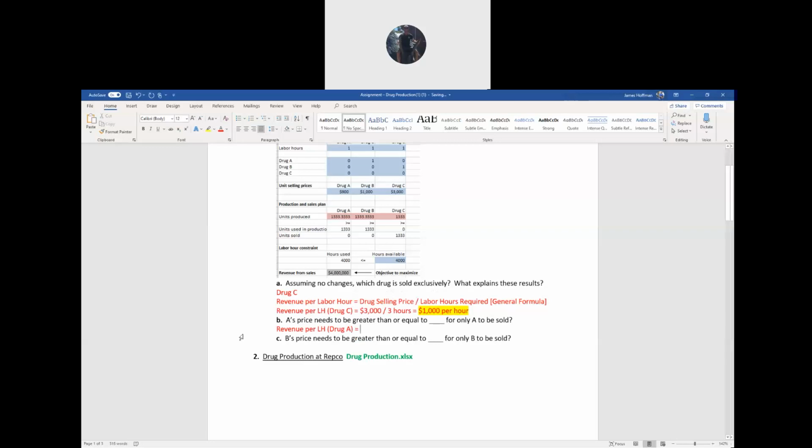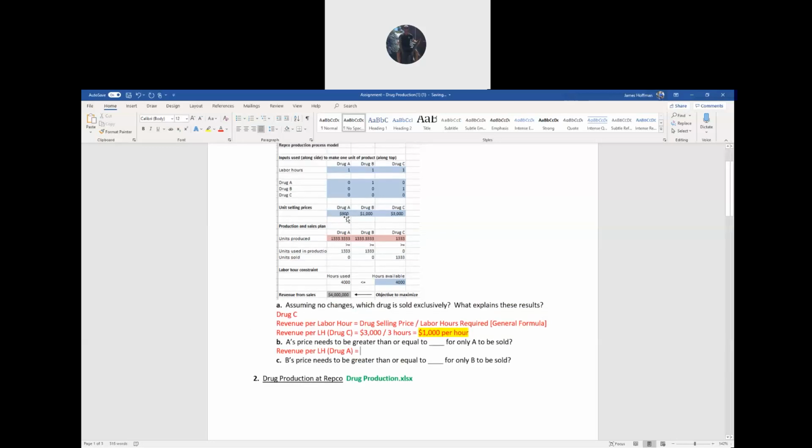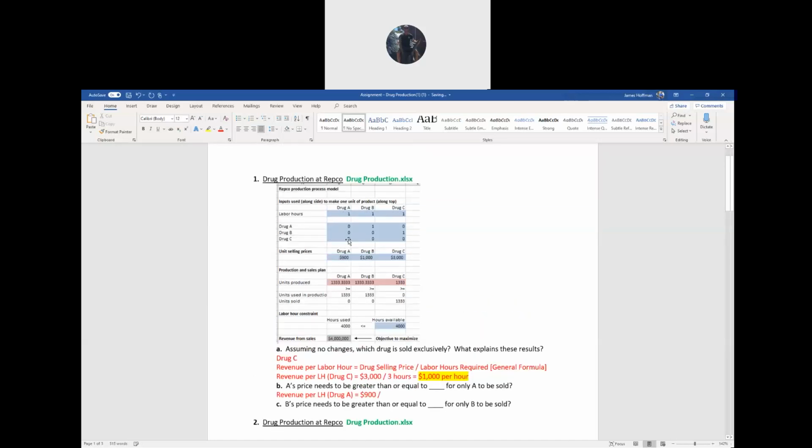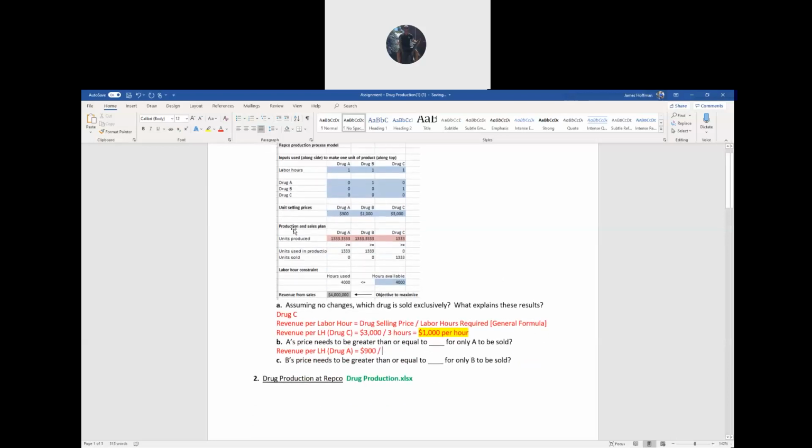Drug A's selling price is, look here, 900. And there are no other prior ingredients. It just takes the 1 hour. If you do the conversion, that's only $900 per hour. So that's less profitable than drug C.